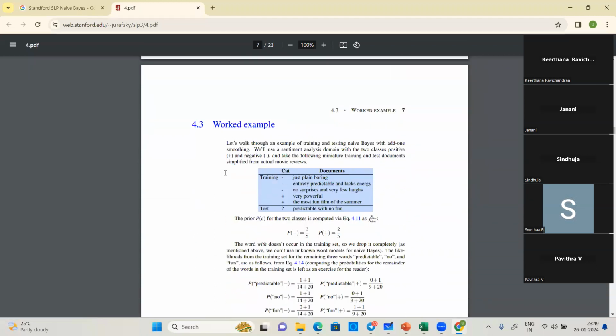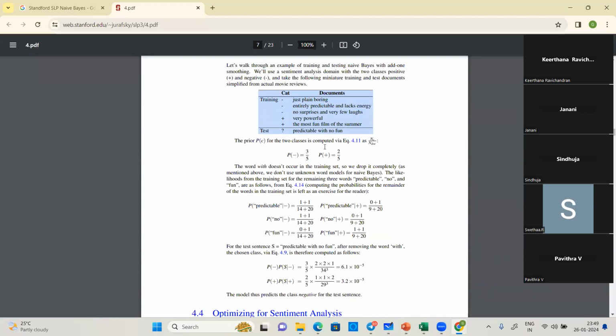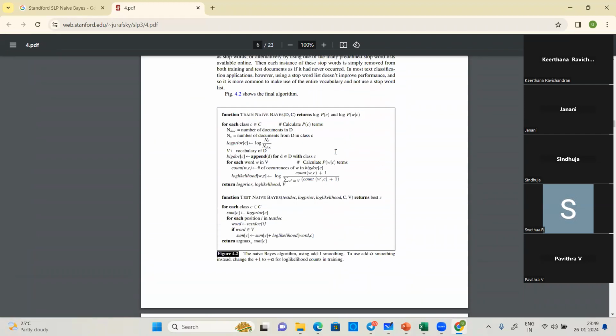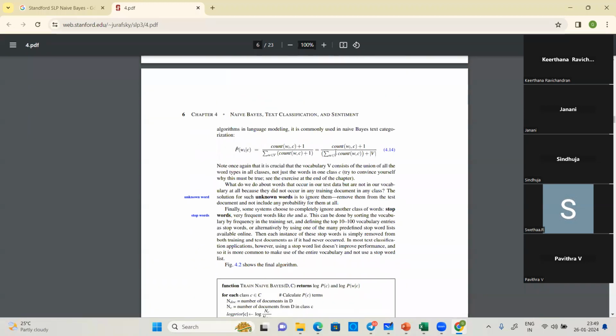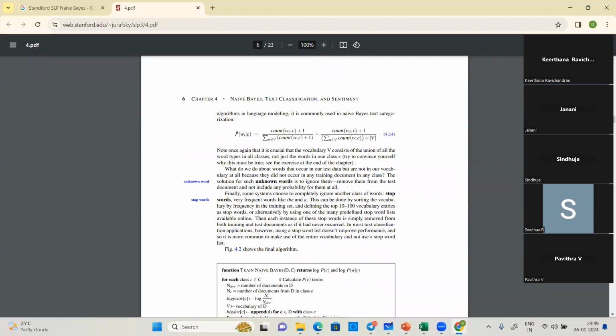We ignored the word "with". Okay. If you look at the document here, this is what they say: what do we do about words that occur in our test data but not in our vocabulary, because they did not occur in any training document? The solution for such unknown words is to ignore them. Okay. Yeah. All right.